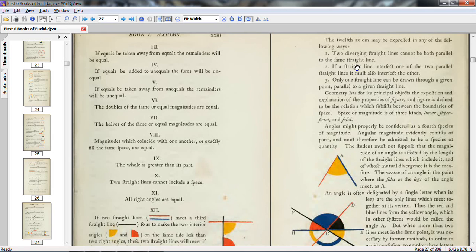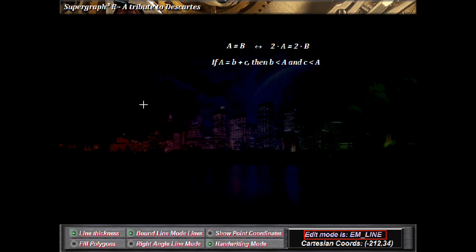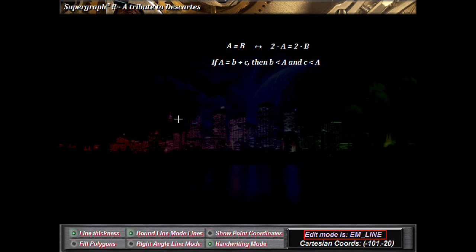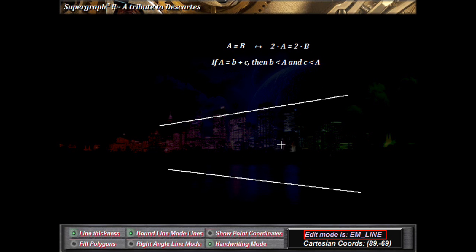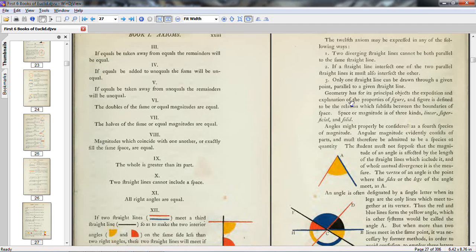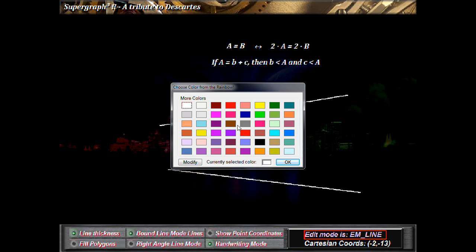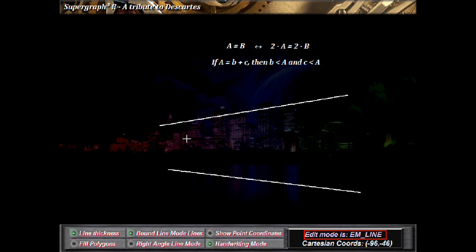Okay, you understand that? That means we have two diverging straight lines, diverging like this, cannot both be parallel to the same straight line. So suppose this one is parallel to a different colored one.